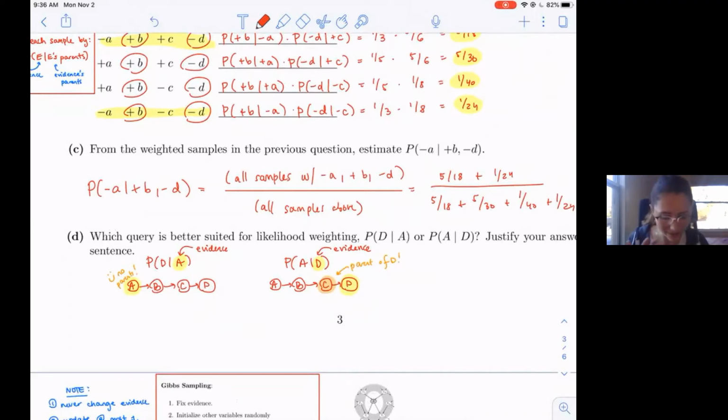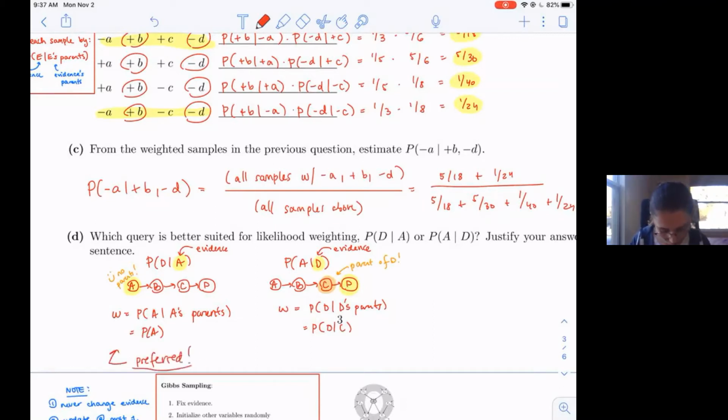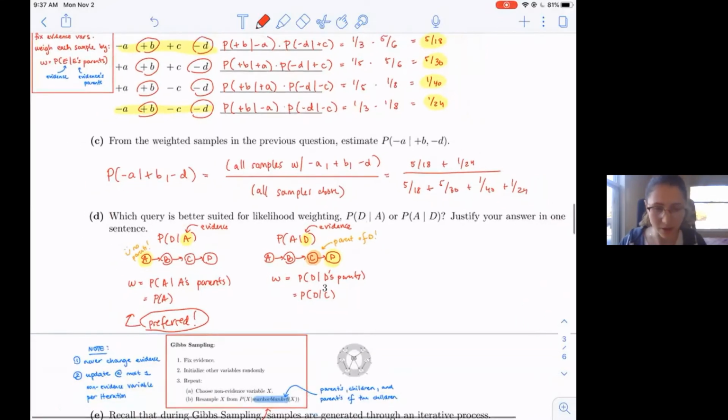So it's really easy to compute the weight, because the weight equals P of A given A's parents, but A doesn't have any parents, so it'll just be P of A. While here, the weight would be equal to P of D given D's parents, which would equal P of D given C. And so in this case, P of D given A is preferred because it's simpler, and we're only conditioning on evidence that's upstream from our query variable, which makes our computation simpler.